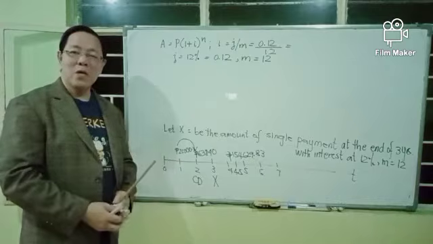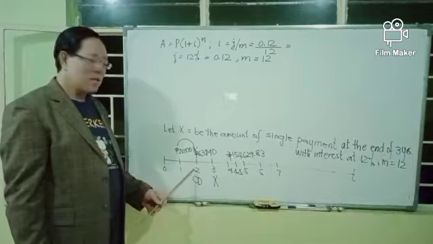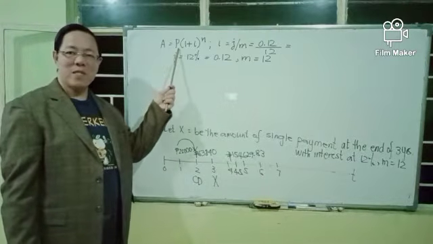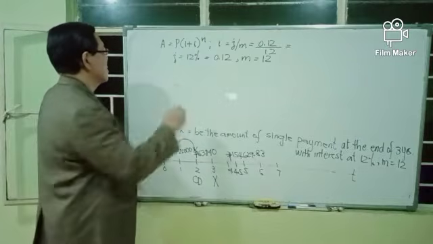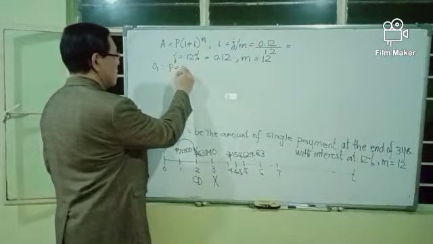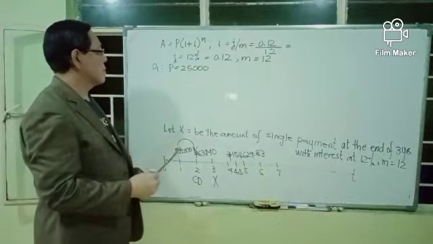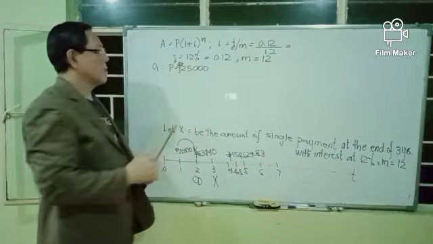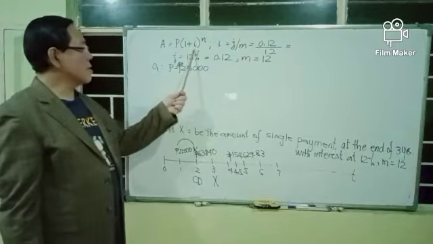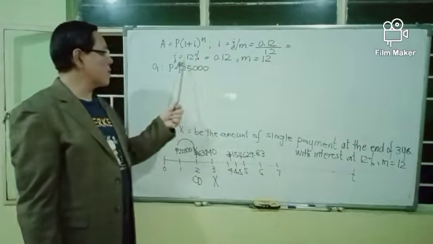If we want to accumulate or find the accumulated value of 25,000 pesos at the end of 2 years, we take 25,000 pesos in this formula as the principal P. And the interest rate per month is given by J over M, where J is the given compound interest rate, 12%.